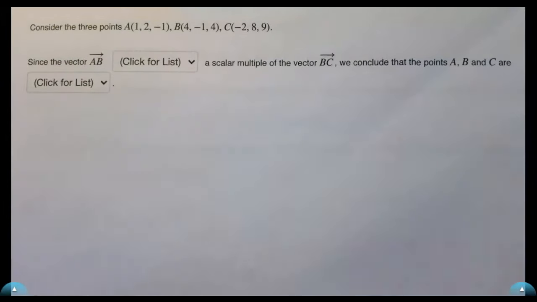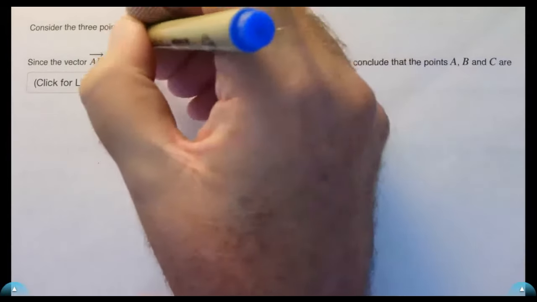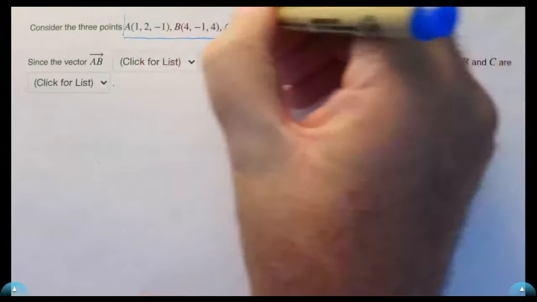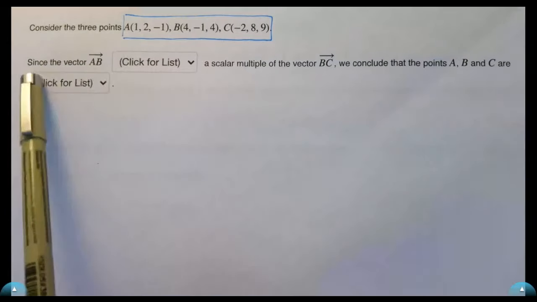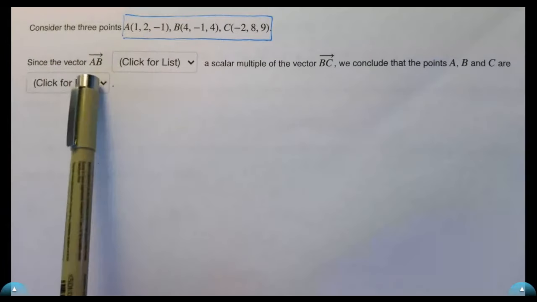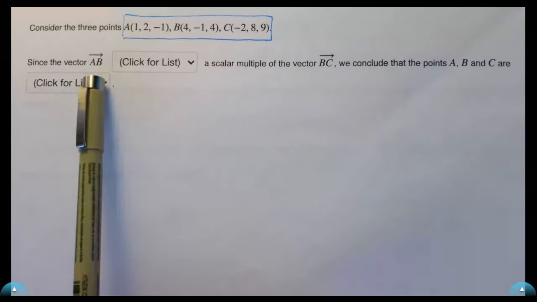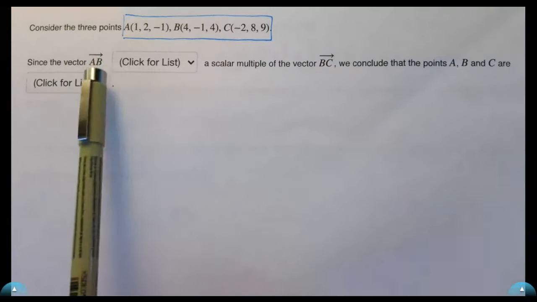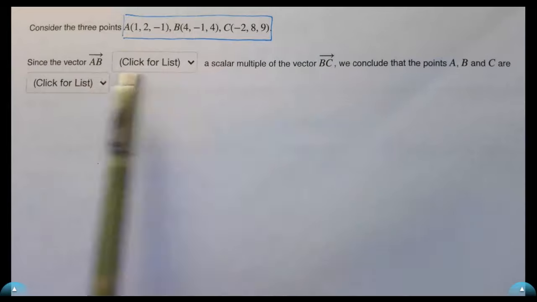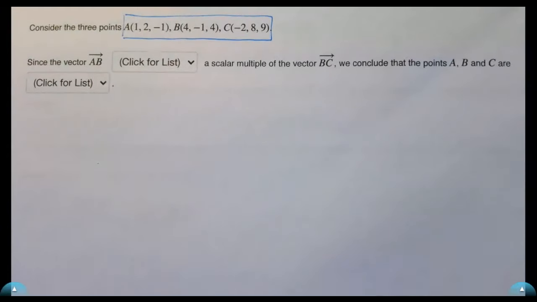Okay, first question. We have 3 points, A, B, and C. And we're asked to compare the vector AB with the vector BC. And the question is, are they scalar multiples of each other?